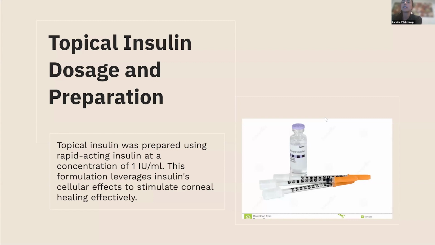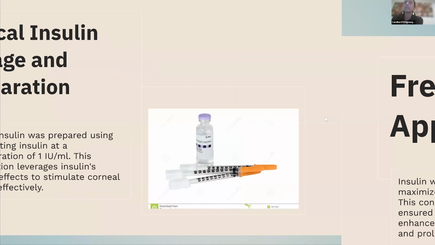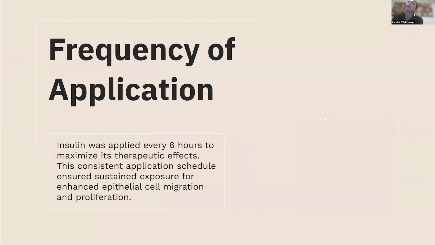This formulation leveraged insulin's cellular effects to stimulate corneal healing effectively. It was applied every 6 hours to maximize its therapeutic effect. This consistent schedule ensures sustained exposure for enhanced epithelial cell migration and proliferation.